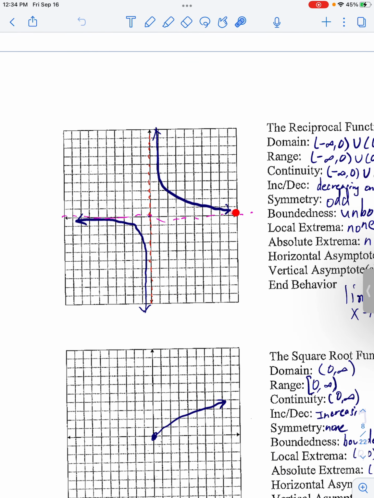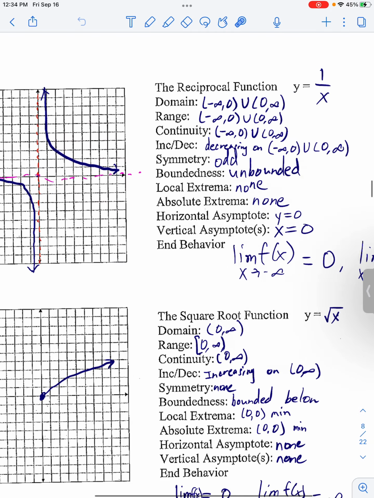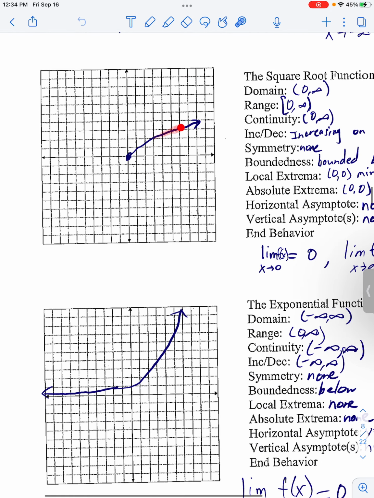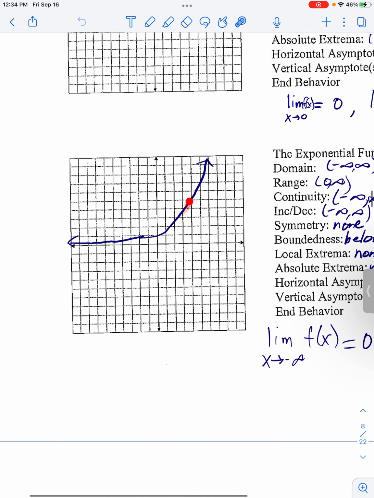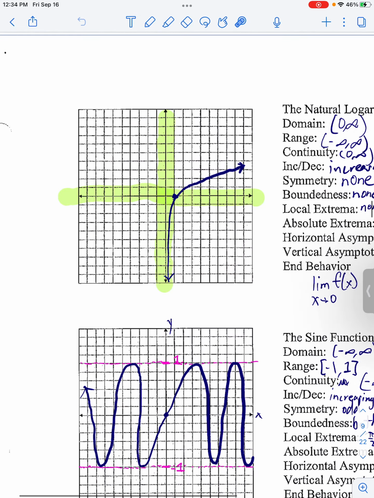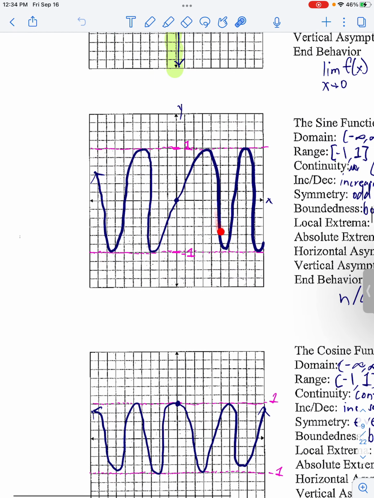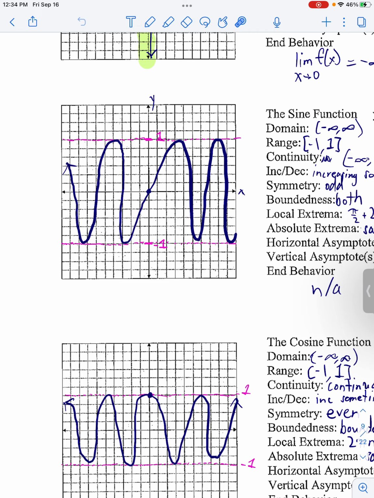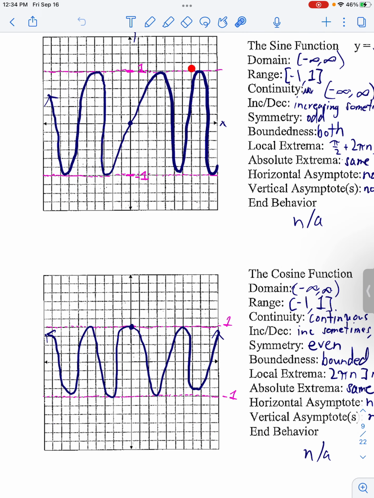As x goes to the right forever, I'm getting closer and closer to 0. So this one, the limit is 0. This one goes up forever as we go to the right. Same. This one. Okay. So the sine and cosine, they always bounce back and forth between -1 and 1, right?